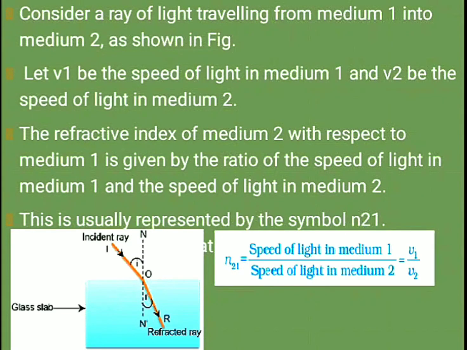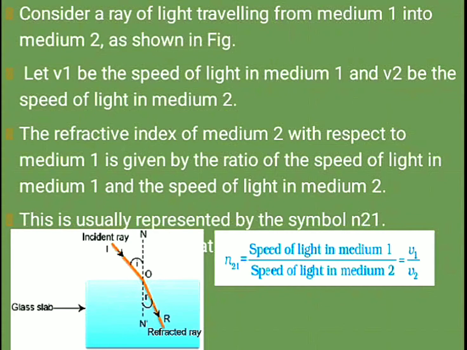Now let us consider a ray of light traveling from one medium into another medium. Let's say medium 1 is air and medium 2 is a glass slab. Let us assume v1 as the speed of light in medium 1, that is air, and v2 be the speed of light in medium 2, that is glass.